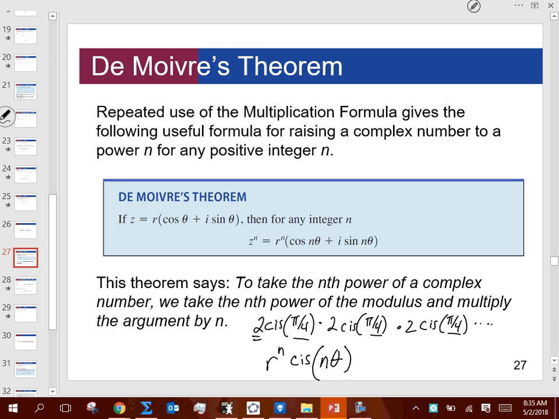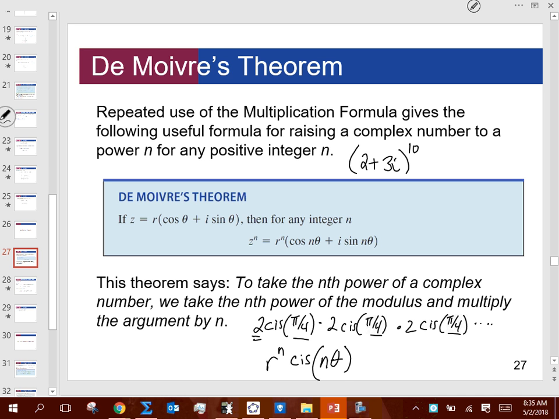So if our question is, I talked about this the other day, if I'm looking at 2 plus 3i, and I want to raise that thing to, let's just say, just for convenience's sake, the 10th power, that's a very elongated process. You're going to FOIL many times with that.